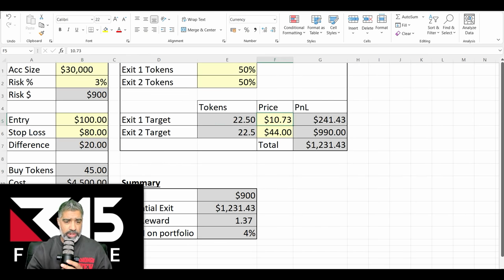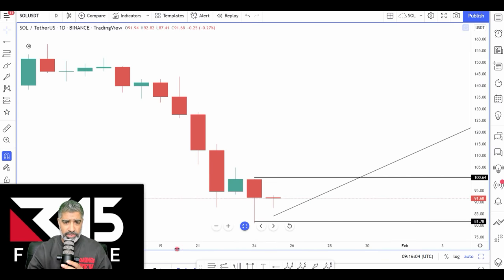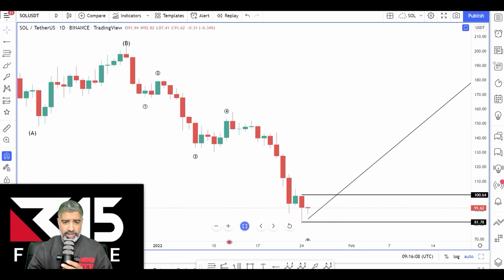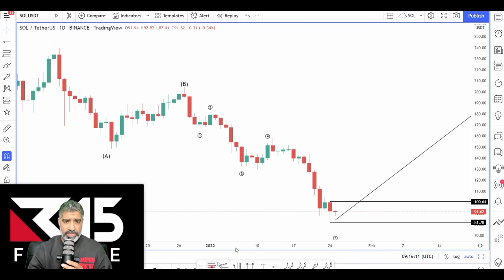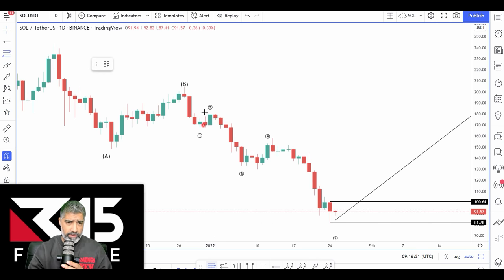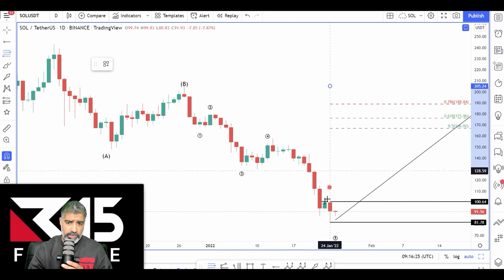And then exit one. Again, I think I still have it in play. Have I got it in play? Maybe I deleted it. I did. Let me put this back in, which is the retracement of the wave C. That is wave B high to the wave C low. There we go.